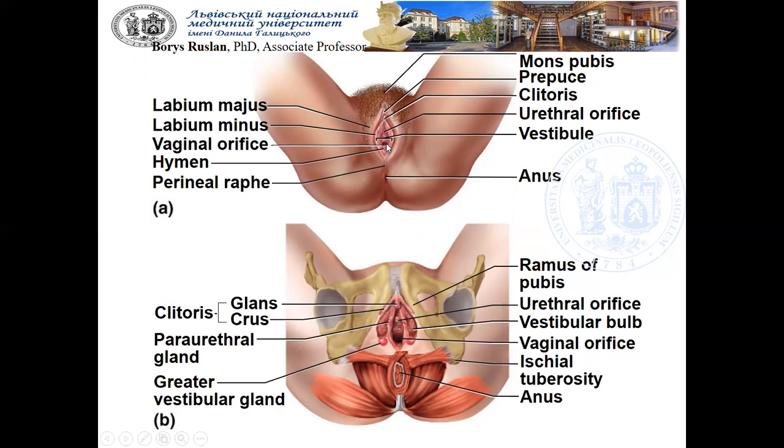Only virgins have this structure. Okay, and the glands: para-urethral glands, greater vestibular glands, just vestibular glands, right? Clitoris, vagina orifice here.